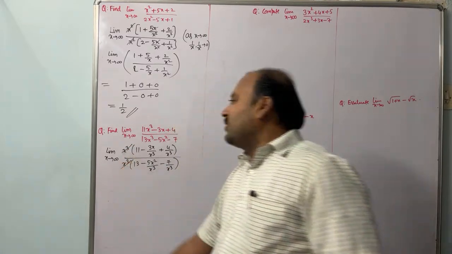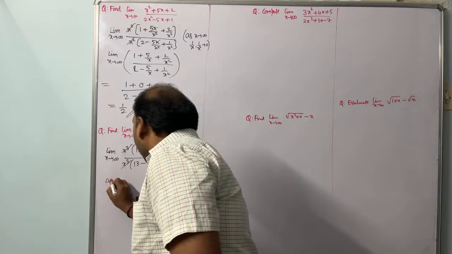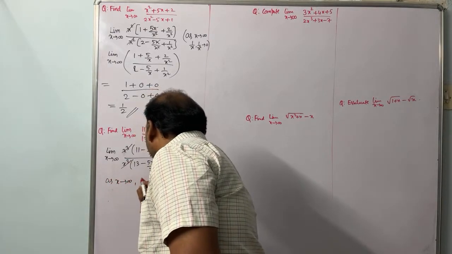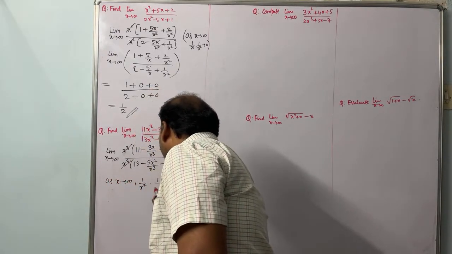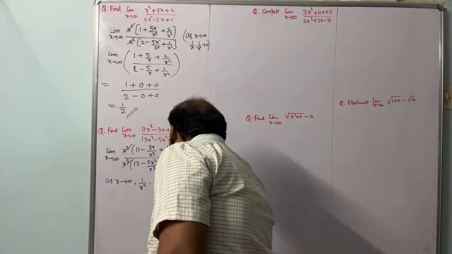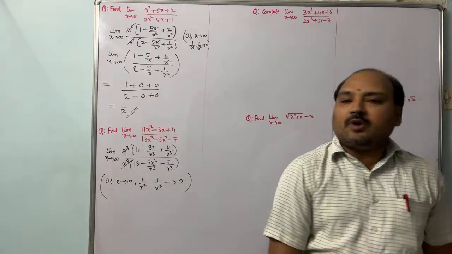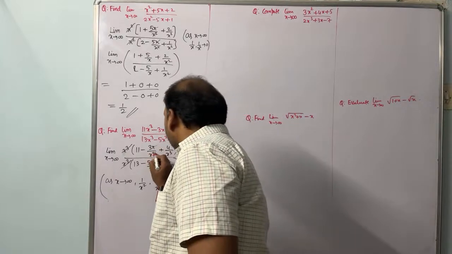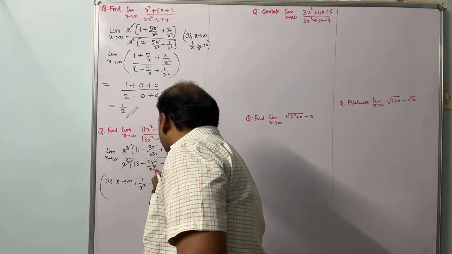First x power 3 gets cancelled. Here as x tends to infinity, 1 by x square terms, 1 by x cube terms also go to 0. Okay.